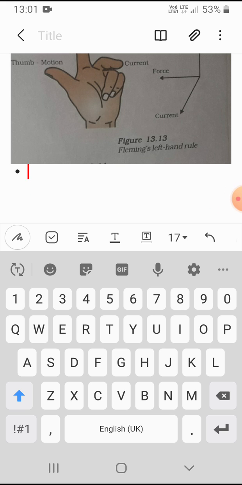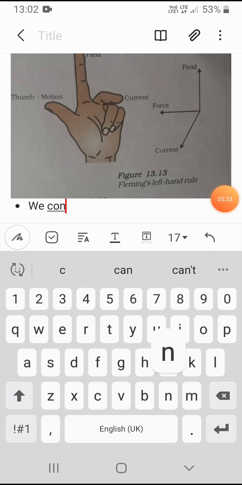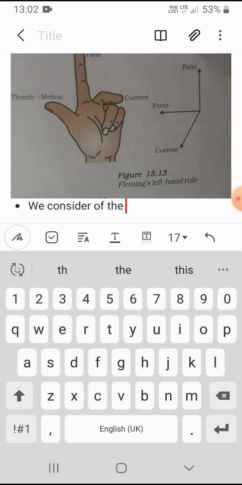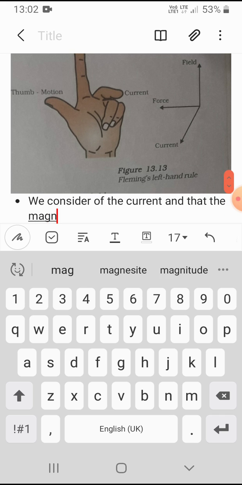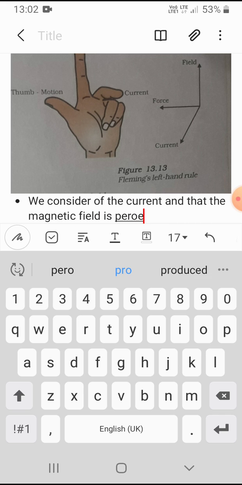In this photo, Fleming in an experiment shows that we consider the direction of the current and the magnetic field perpendicular, that is 90 degrees, to each other.